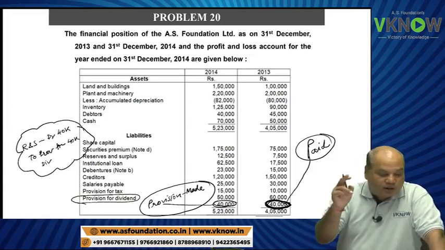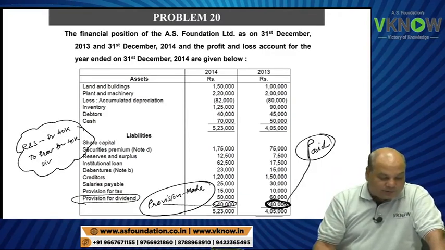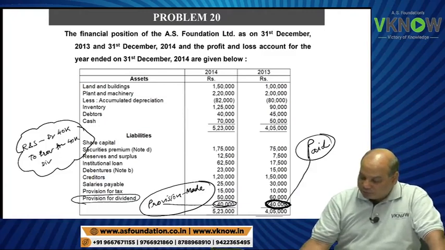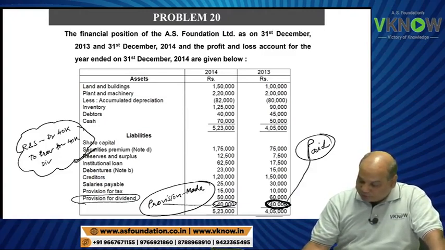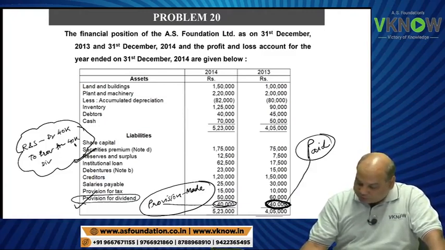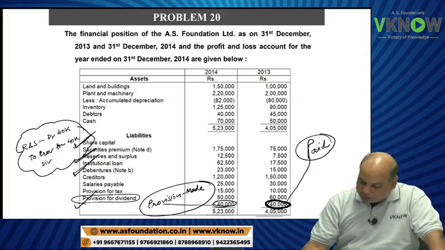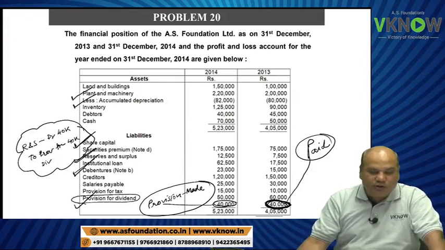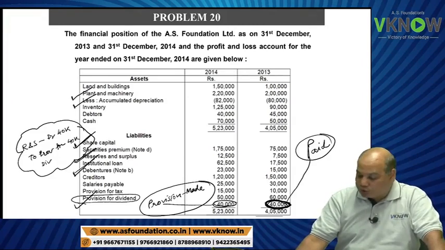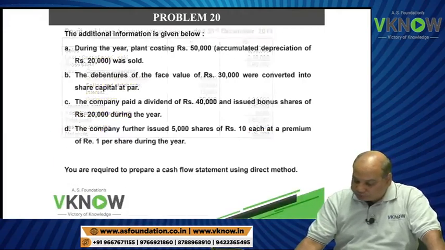So please tick mark reserve and surplus. Please tick mark provision for dividend. Tick mark these items which have adjustments: share capital, debenture, plant, accumulated depreciation. So we'll have to prepare working notes for these items.